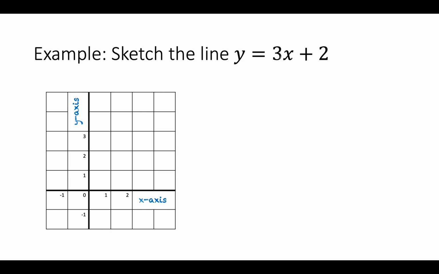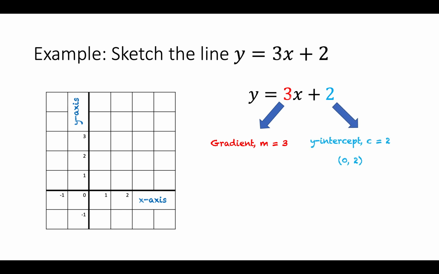Let's now try to sketch this equation here without finding each individual coordinate. So we look at the equation, y equals 3x plus 2, and we see that the gradient is 3 and the y-intercept is 2. That means it crosses at 0, 2.